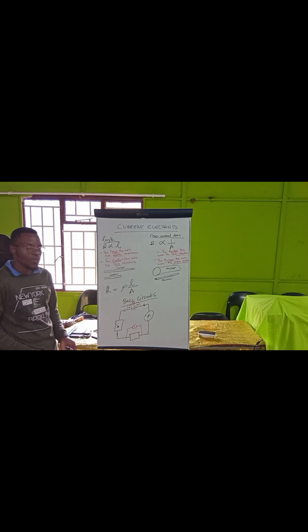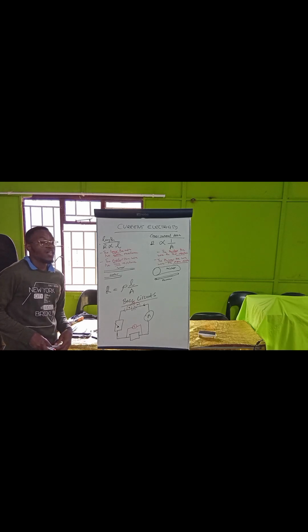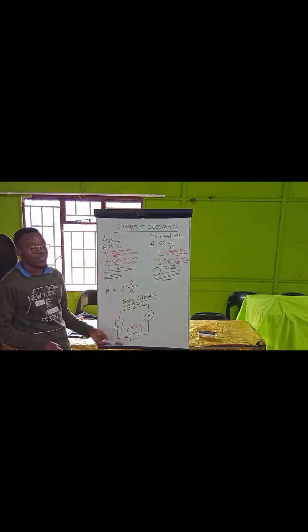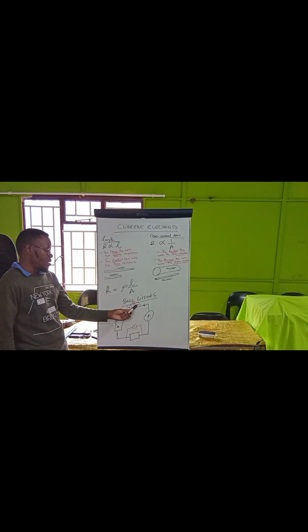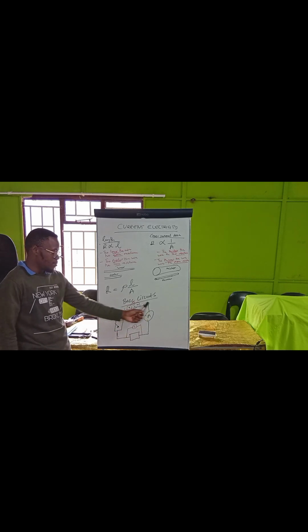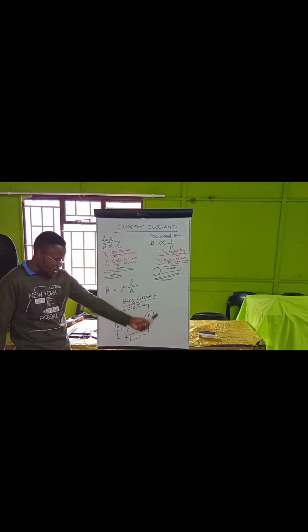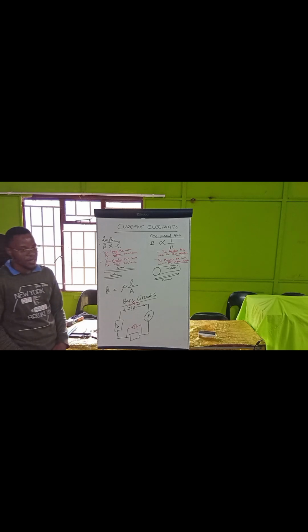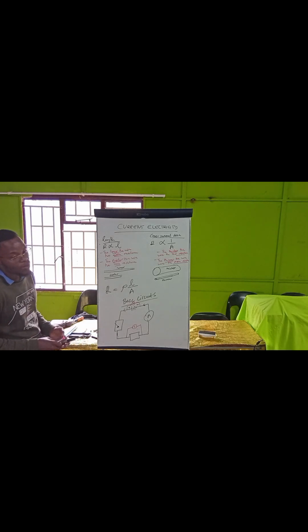So this is what we call conventional current flow. But electron flow is illustrated in chemistry in a topic called electrolysis. That is where the flow is mainly electron flow, which is from the negative terminal to the positive terminal. So that's the difference between electron flow and conventional flow.